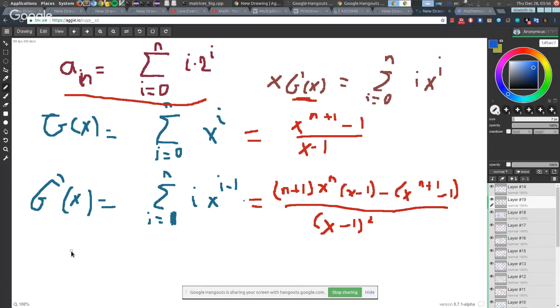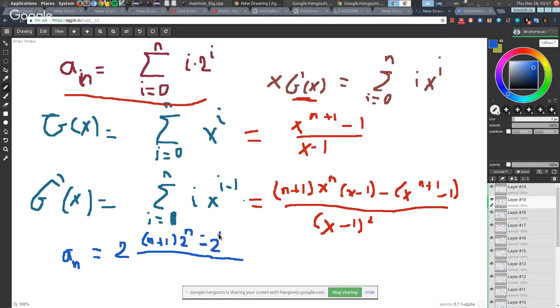Basically this is what we will do here, so we get that a n is equal to, so this 2 is the x we multiply, and then we try n plus 1 times 2 to the power n. This is 2 minus 1, which is 1, so we don't do anything.